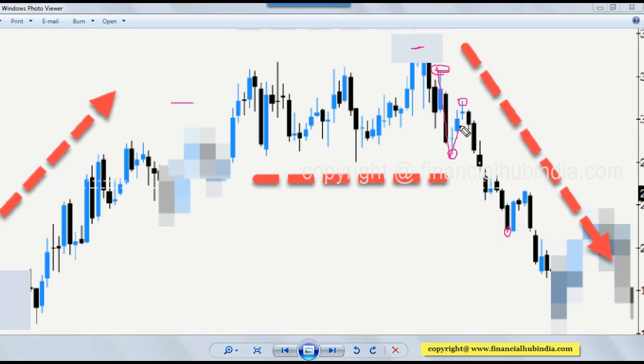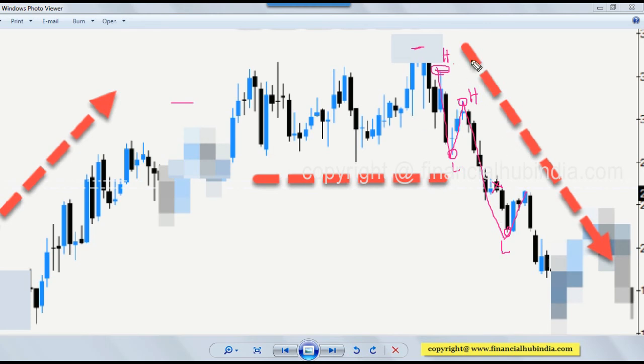So 1, 2, and 3. These are the insiders, so ignore them. So in the 1, 2, 3 pattern, what have we seen? This is the first swing, and this is the first swing's low, and this is the first swing's high. And then we made another low here, and we made another high here, a swing high, right?